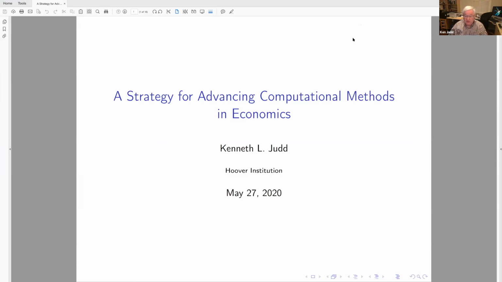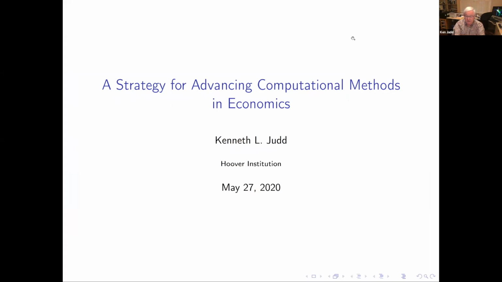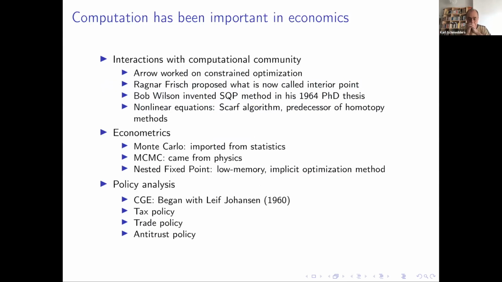What I want to do is point out a strategy for advancing computational methods in economics. The one thing I like to emphasize is that computation has been not only a part of economics for a long time, but in the past, the computational community and the economics community had many interactions.